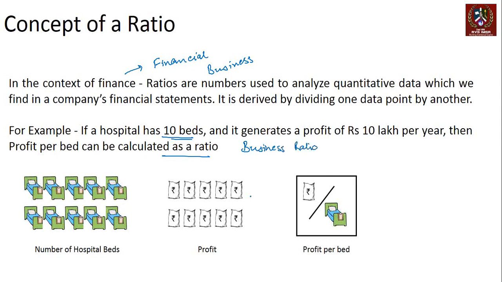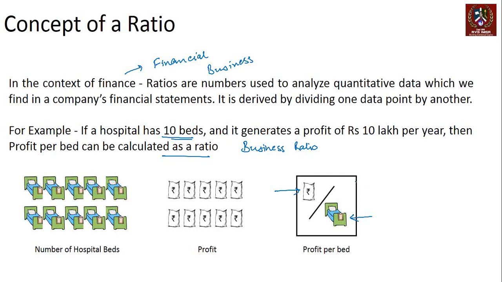This is an example of a business ratio. Why? Because while the numerator is profit, the denominator is number of beds, which is one of the revenue drivers of the company. It is not a financial number. It's a business number as such, and that's why I call this a business ratio. Nevertheless, it gives us information about the company that profit per bed is rupees 1 lakh.